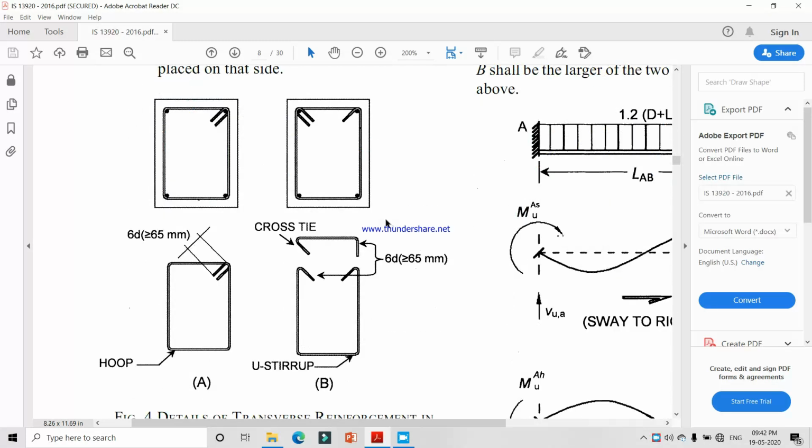We can also provide a cross tie. First of all we provide the U stirrups and then the cross tie. You can see these are the stirrups, and this is the cross tie.